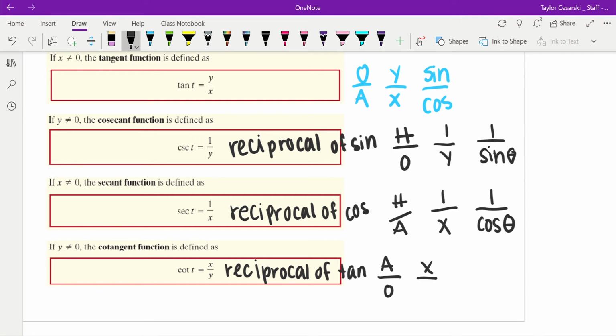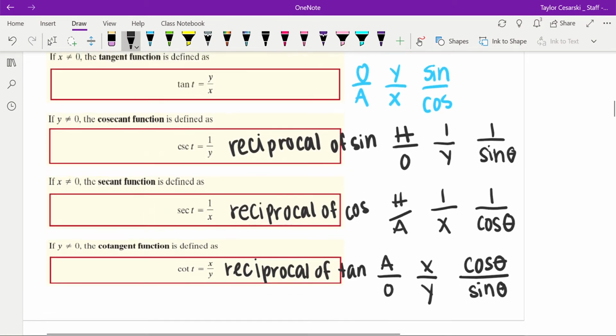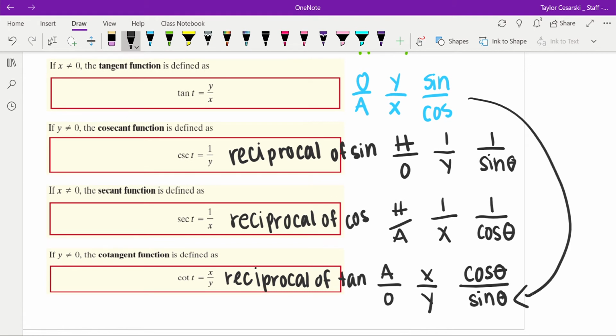My opposite is y. So I would write that as cosine of theta over sine of theta. And you notice that this is just flipped from tangent. So remember, reciprocal just means you flip it. Okay, so now we're going to practice with this a little bit.